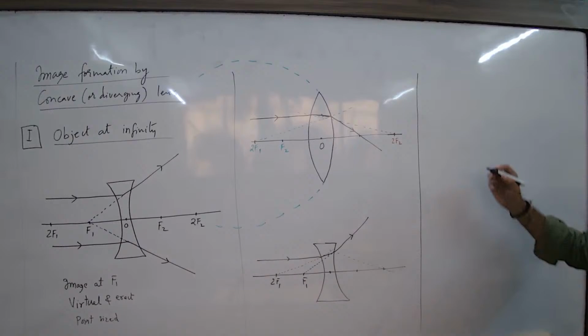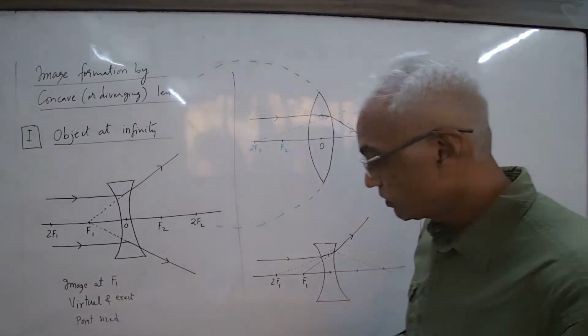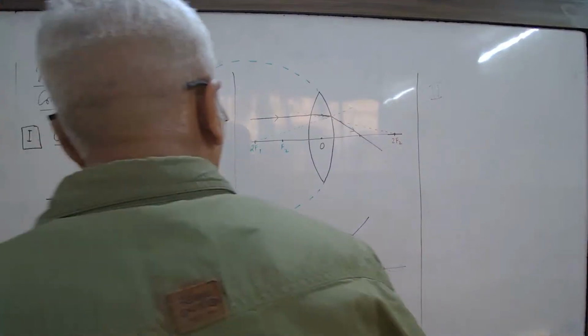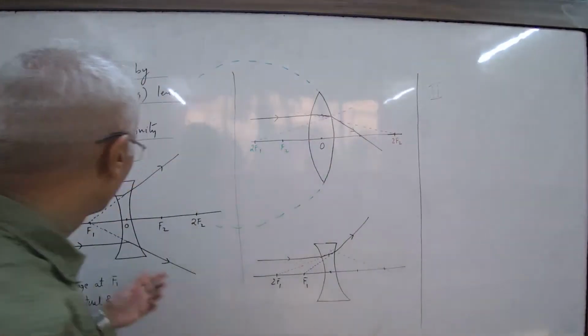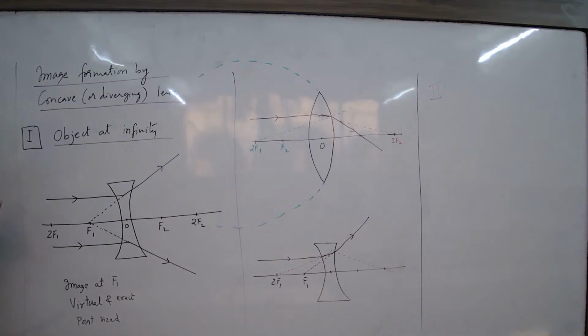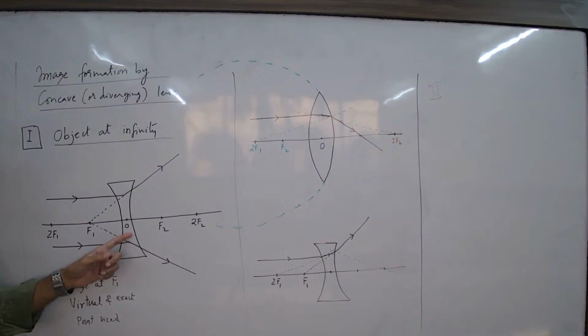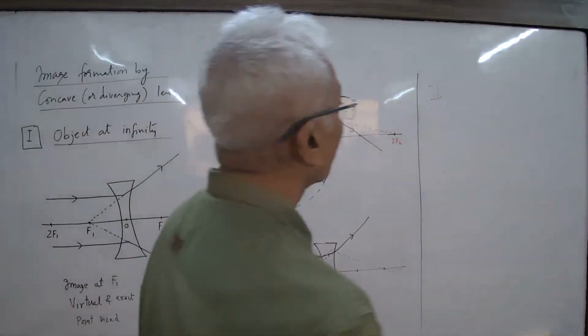Second, what is the second object position? Anywhere between infinity and O. O is called the optical center. What was this called for a mirror? P, the pole. Okay, this is the optical center.